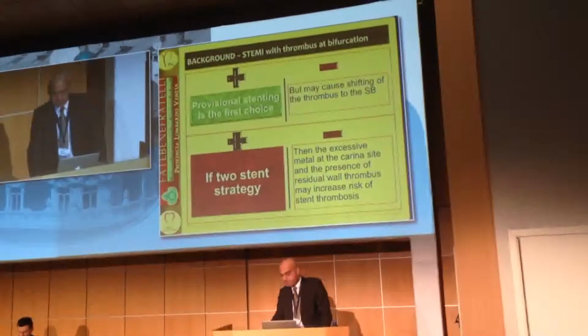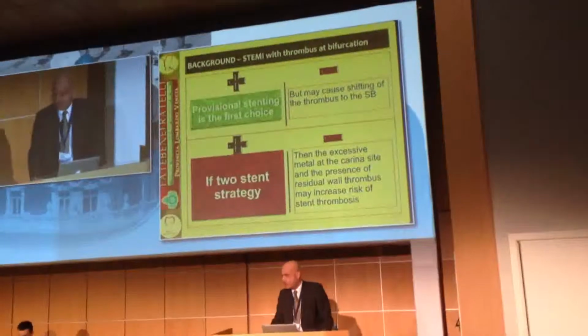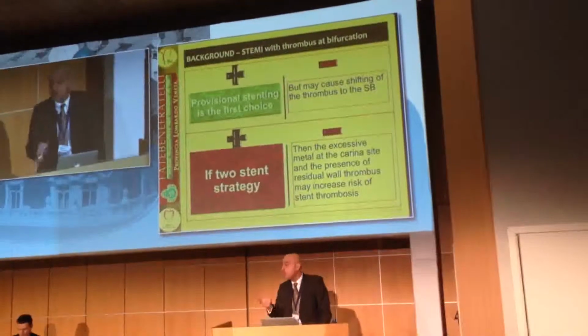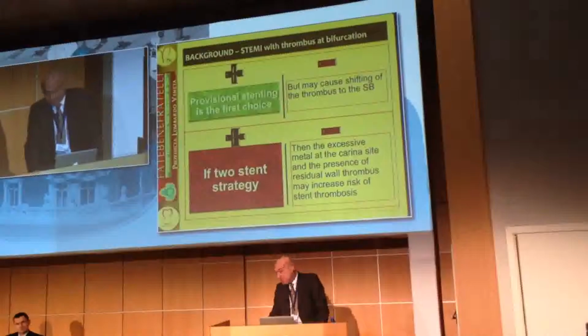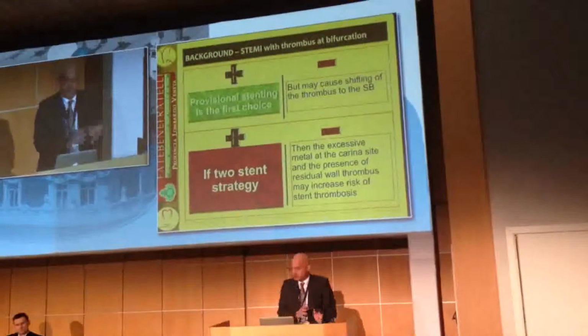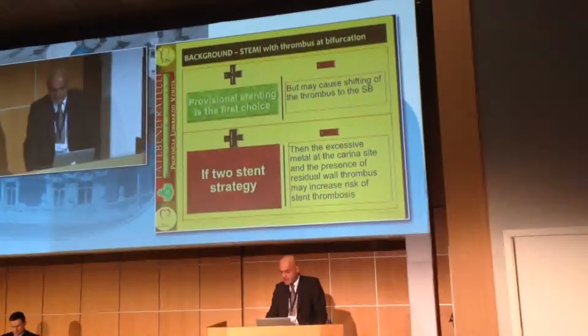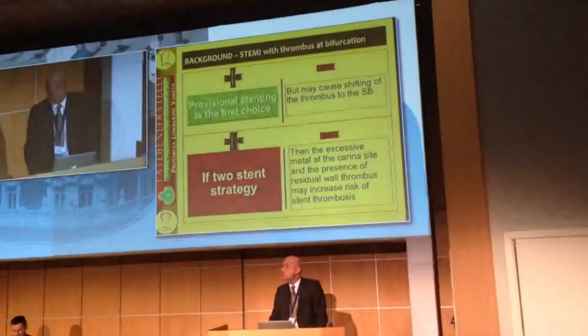I know provisional stenting is the perfect choice during stenting. Even if you have a bifurcation, it's the first choice. But if you have to use two-stent strategies, then you have excessive metal on the carina side, and the presence of residual thrombus may increase the risk of stent thrombosis.